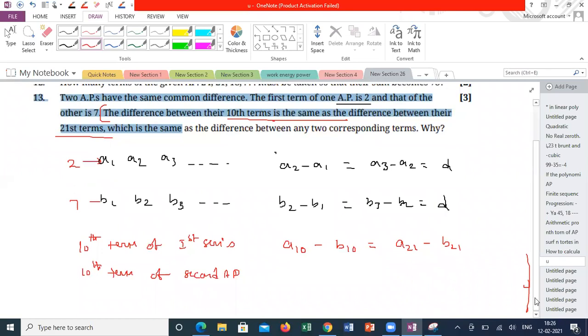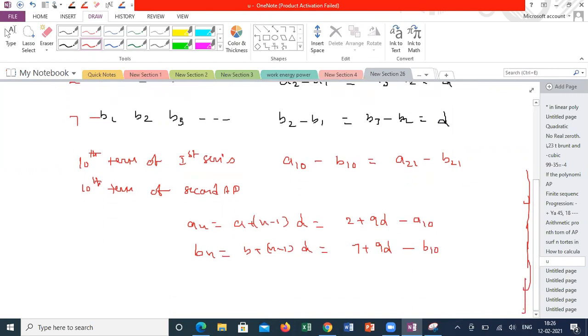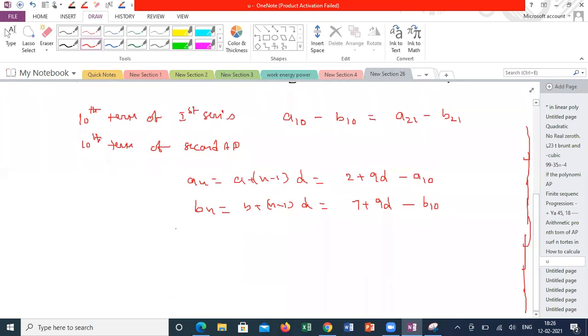What is the An or Tn formula? An is equal to a plus n minus 1 into d. So 2 plus 9d, correct? So Bn is equal to b plus n minus 1 into d, because the common difference is the same. So this will be 7 plus 9d. This is A10, this is B10. Similarly calculate A21 and B21.